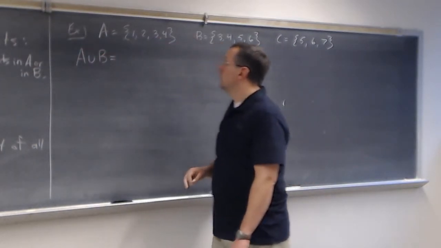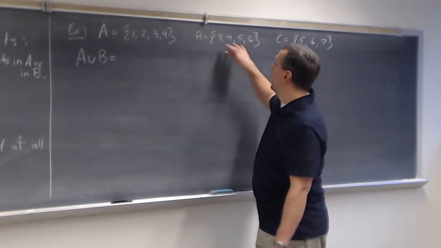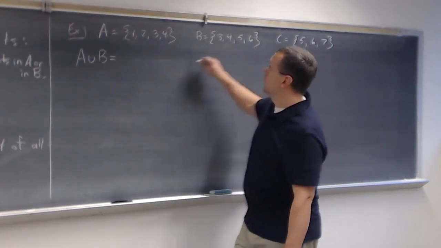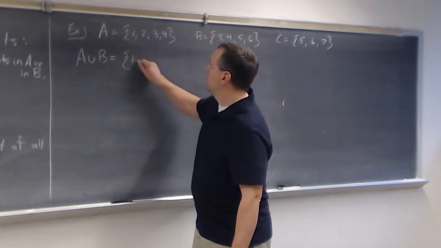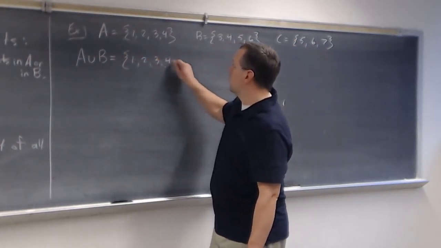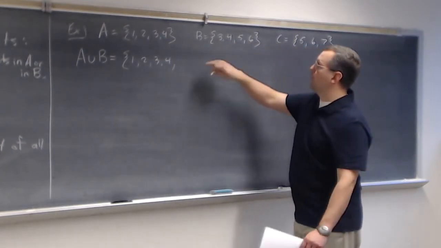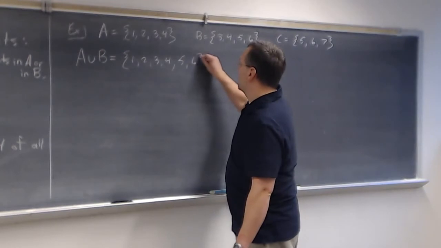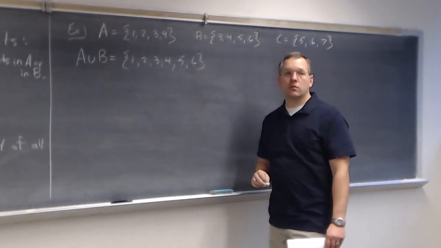A union B: you take all the elements of A, then add anything from B that you've not already included. So it'll be 1, 2, 3, 4. I've already got 3 and 4, so I need to add 5 and 6. There's the A union B.